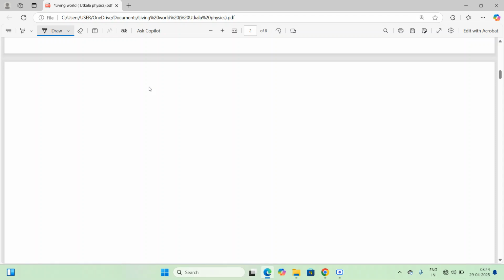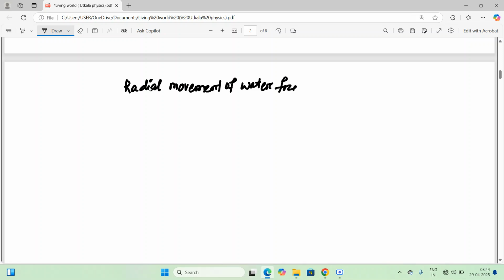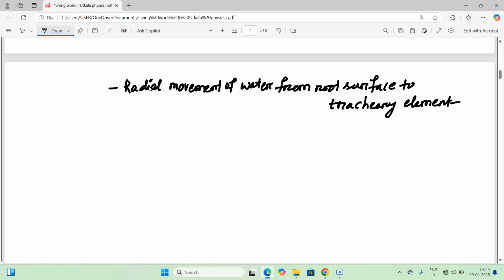So this is the radial movement of water from root surface to tracheary element. Okay.